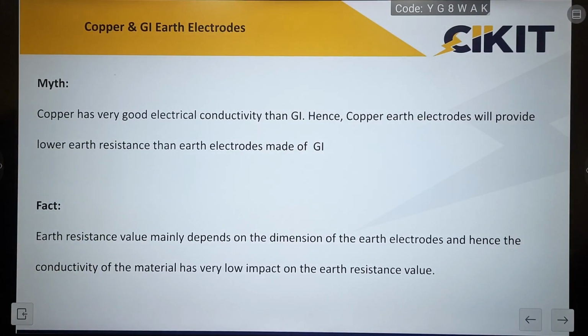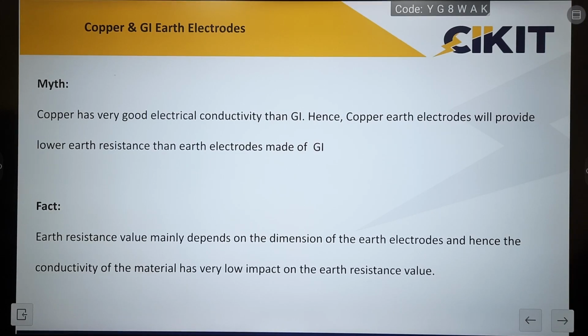Now, copper and GI. Take this as an example: if the earth electrode resistance value is coming higher, that is, if I use a GI earth electrode and I am getting 7 ohms of resistance, and if I use a copper earth electrode in place of the GI earth electrode, will I be able to achieve a lower resistance value of less than 5 ohms, because copper has lower resistivity than GI?